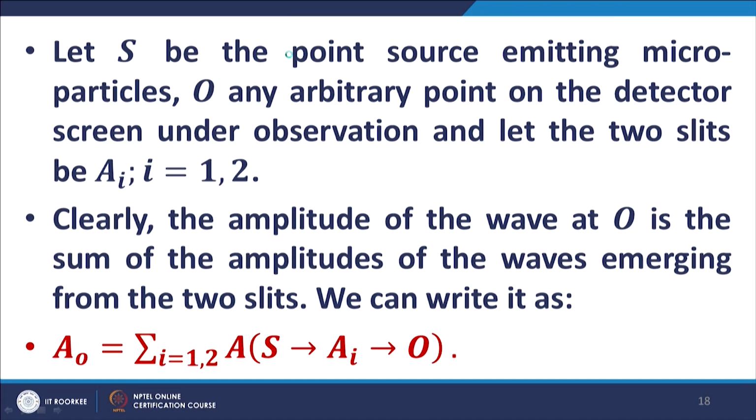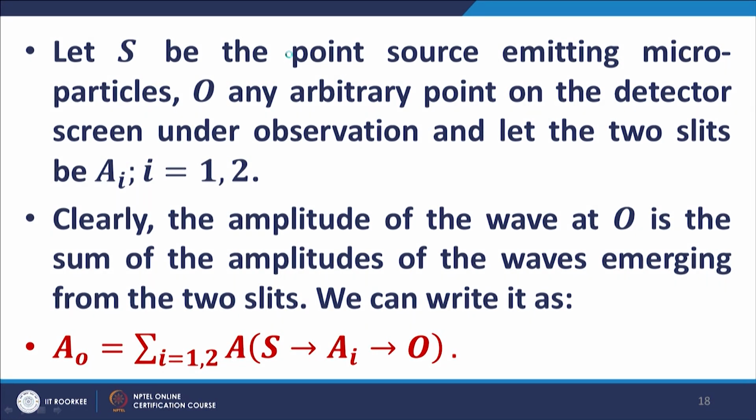Now, suppose we have a third slit. Instead of two slits on the screen A, we have three slits on the screen A. Then naturally, at any point on the screen O, the amplitude of the wave hitting the screen would be the sum of the amplitudes due to the waves passing through slit 1, slit 2 and slit 3.